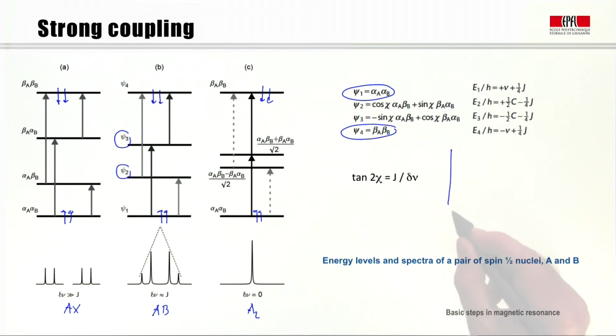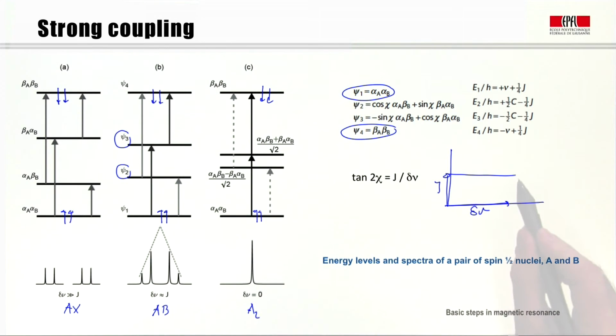So to draw this in simple trigonometry, if we draw the chemical shift horizontally like this, a number in Hertz, and if we draw the scalar coupling vertically, also a number in Hertz, then we can make a little diagram like this, and we can have this line here, and this angle here is 2 chi.